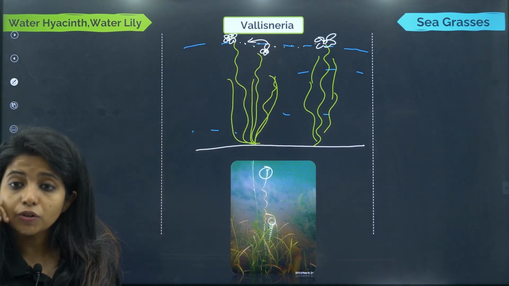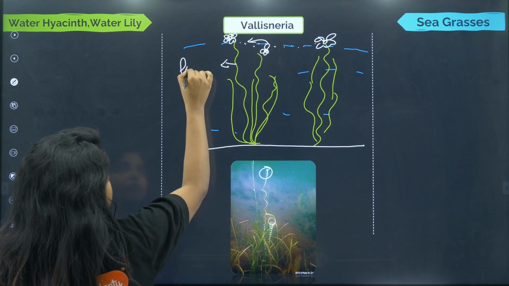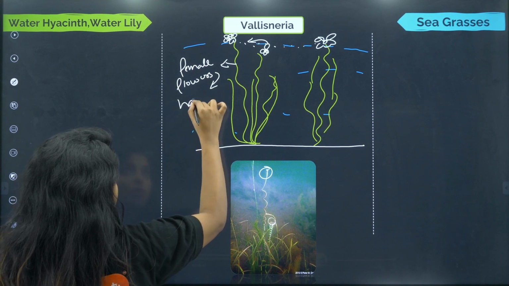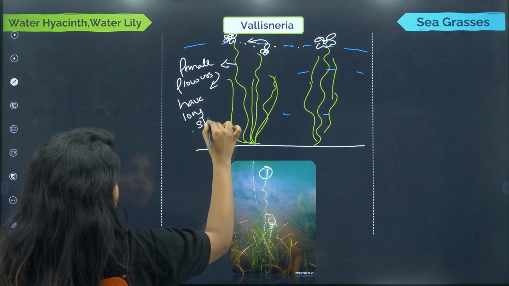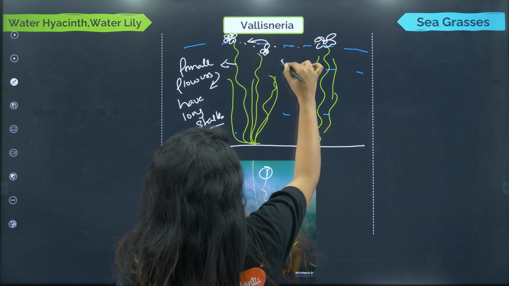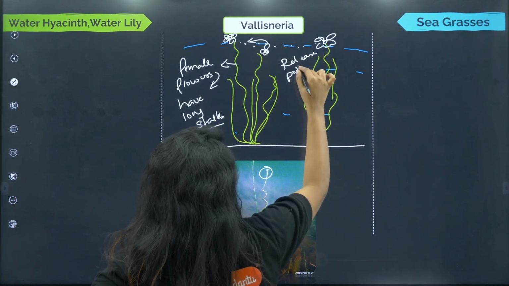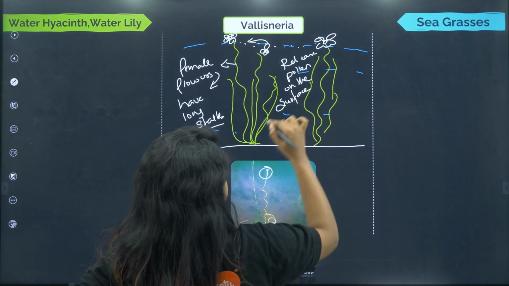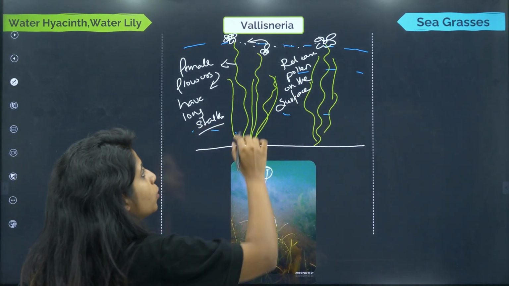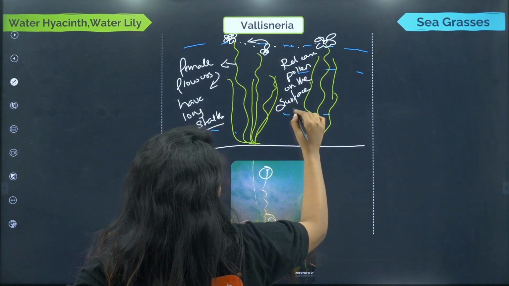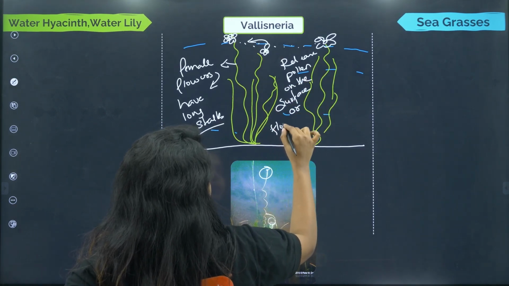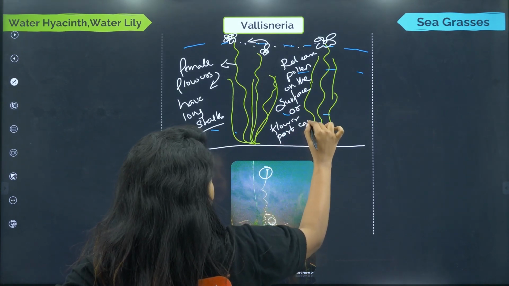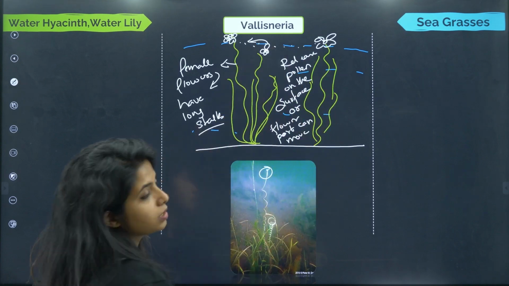So, over here the thing that you need to note is Vallisneria, the female flowers have a long stalk, and male flowers release pollen on the surface of the water, and then this pollen can be moving, or the male flower part can move, okay, can move towards the female flower part.